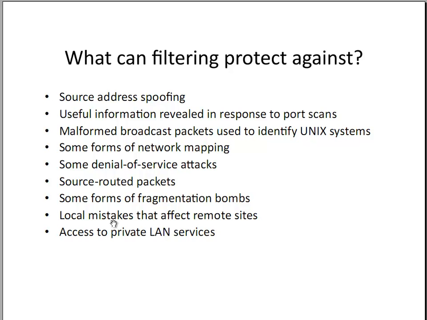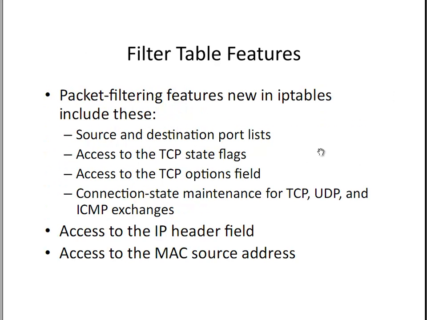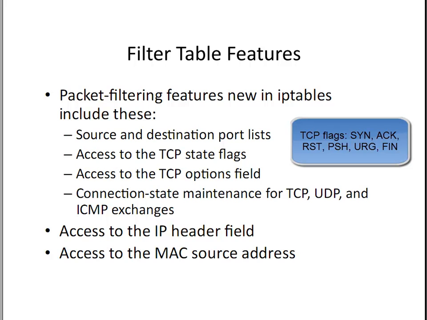It can also protect against local mistakes that may affect a remote site, and it can control access to private LAN services. IPTables now comes with new features with respect to packet filtering, including the ability to use source and destination port lists. It gives access to the TCP state flags, SYN, ACK, reset, push, urgent, fin, and so on. Access to the TCP options field.